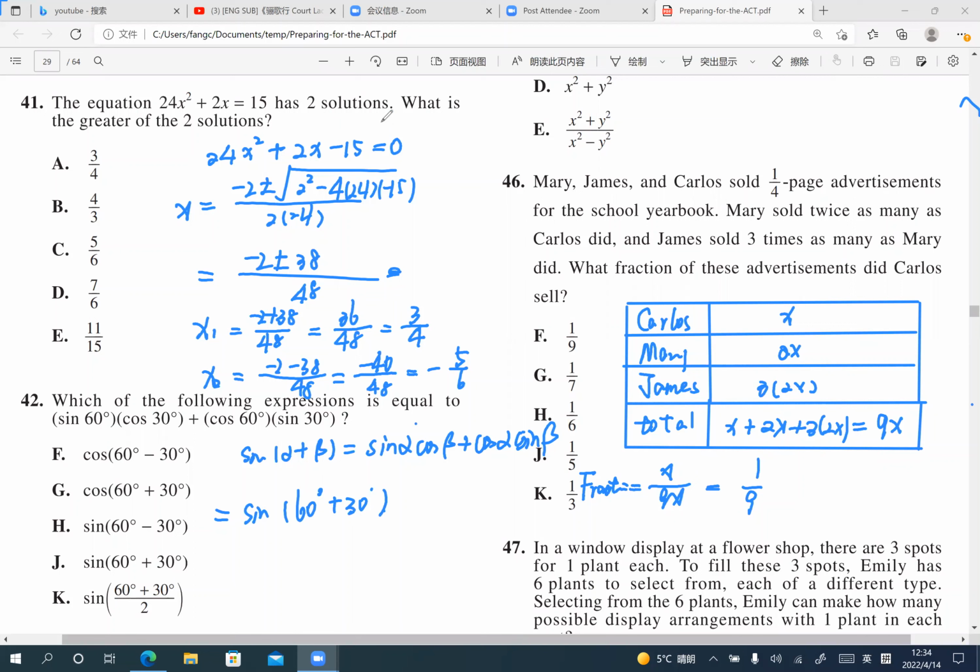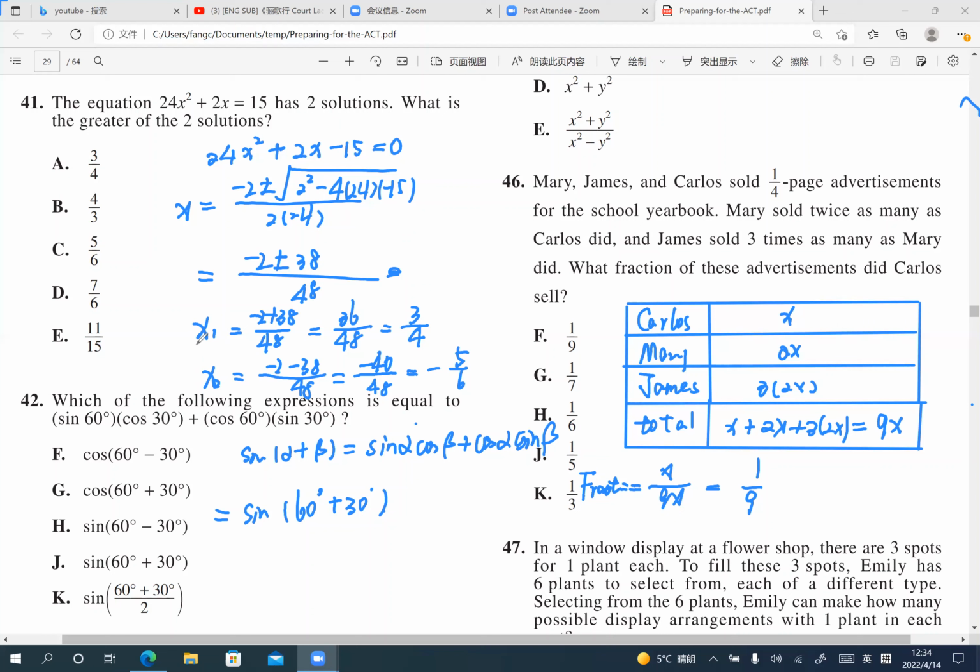Then we use the quadratic formula to find the value of x. So x equals negative 2 plus or minus the square root of 2 squared minus 4 times 24 times negative 15, divided by 2 times 24.